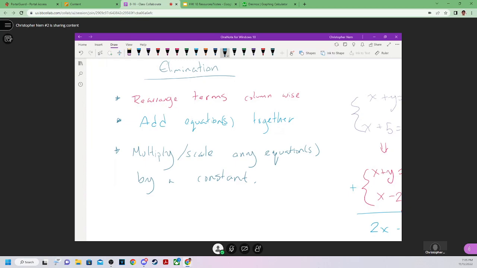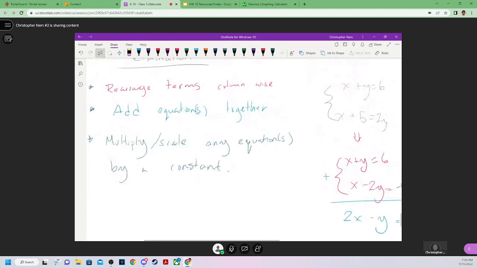I can add all three equations together. I can add two of the equations together and not add the third one. I can multiply the first equation by a constant. I can multiply the second one by a constant, but I don't need to multiply the third one by a constant. This will have a different form for your system, but it would only be a different representation. You still have the same system at the end of the day.